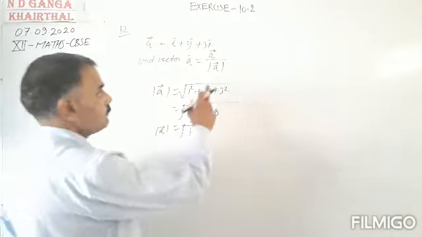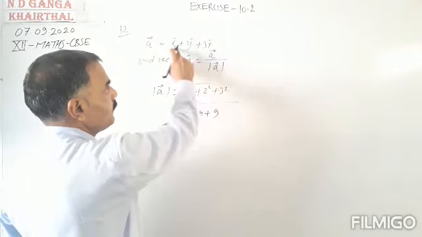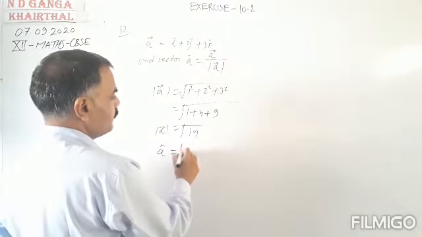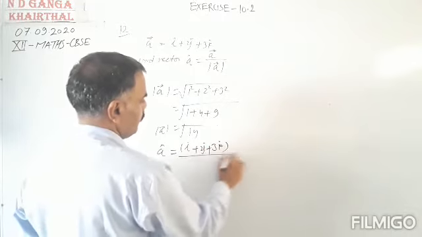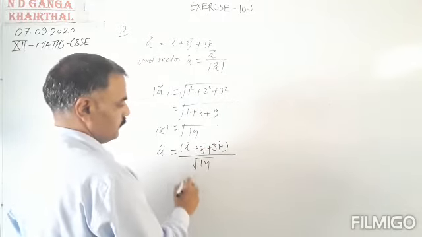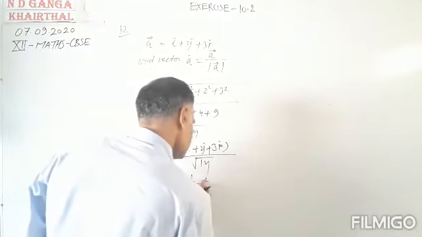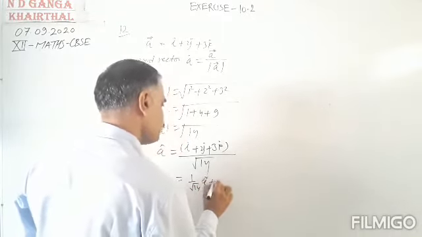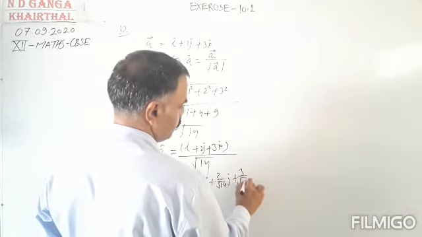Now the unit vector a cap is equal to a vector divided by magnitude of a, that is i cap plus 2j cap plus 3k cap divided by under root 14, equal to 1 upon under root 14 i cap plus 2 upon under root 14 j cap plus 3 upon under root 14 k cap.